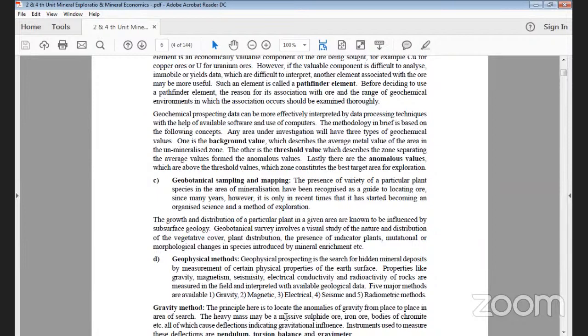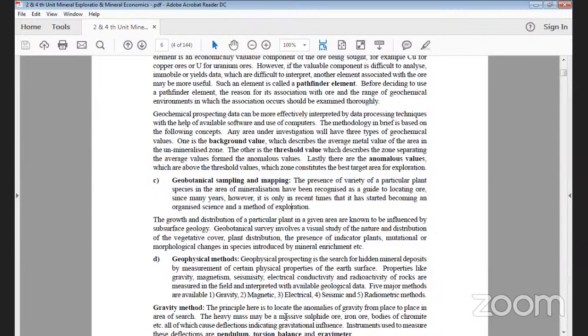So here we look at the growth of a plant and how the plant grows in certain areas. Suppose, for example, we see in alkaline areas particularly, the plants do not grow properly.